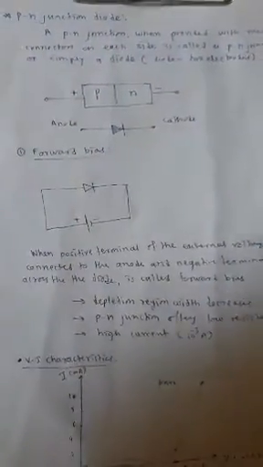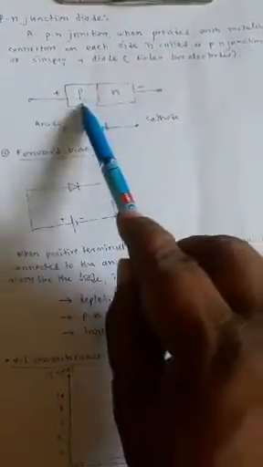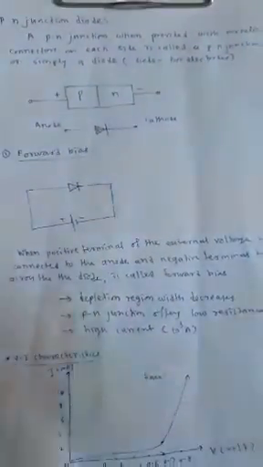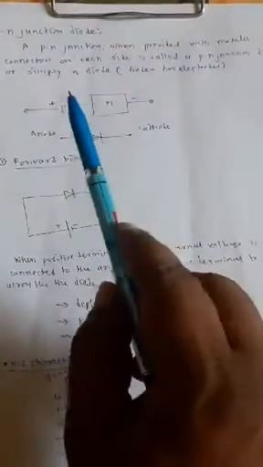Why is it known as the PN junction diode? It consists of a PN junction. And why is it known as the diode? It consists of two electrodes. One is taken from P region.